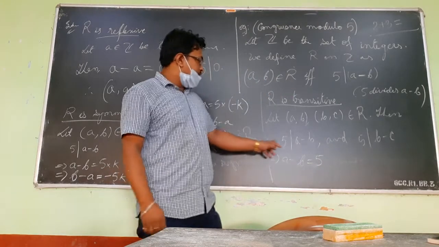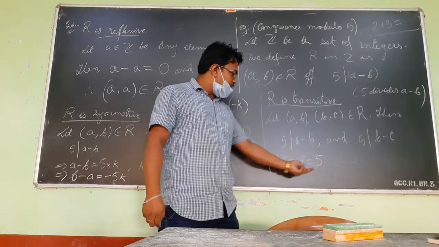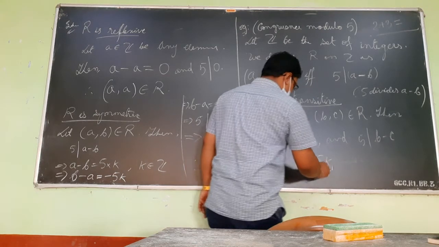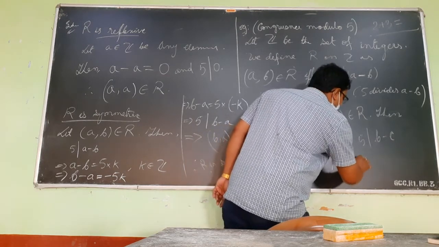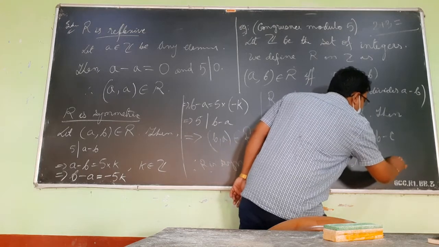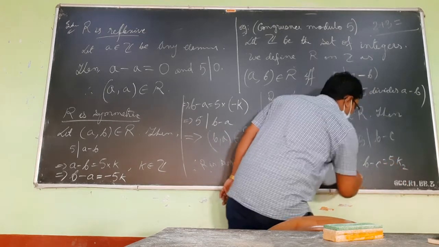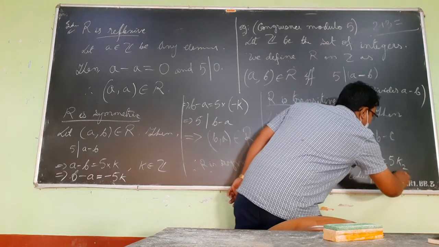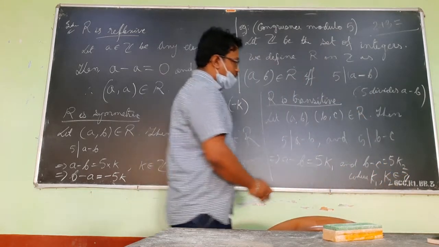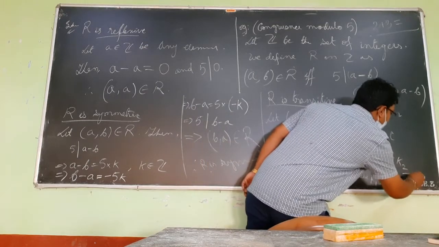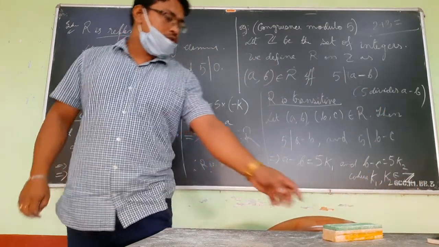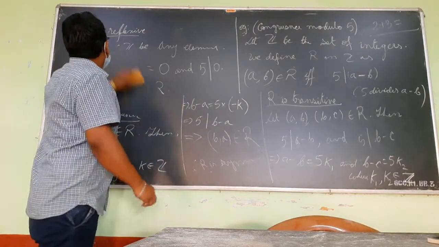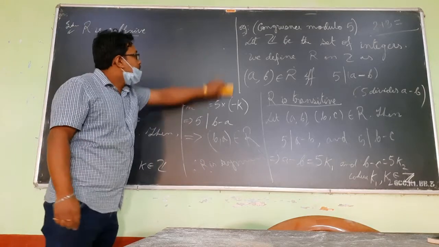So 5 divides A minus B means A minus B can be written as 5 into some K1, and B minus C can be written as 5 into K2, where K1 and K2 are integers, belonging to Z, the set of integers. I want the relation between A and C, so I add them.